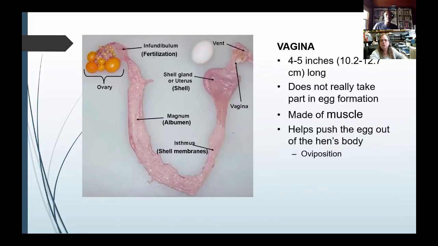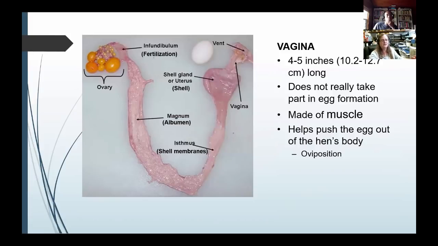Something that is important to understand is that when the muscle is pushing the egg out, the vagina everts and comes outside the body cavity so that the egg itself never comes into contact with the fecal material in the cloaca.